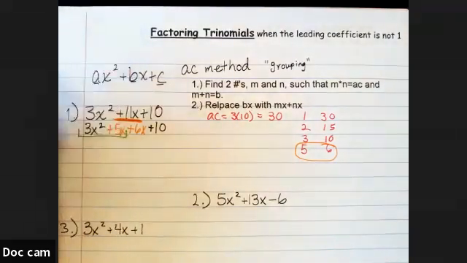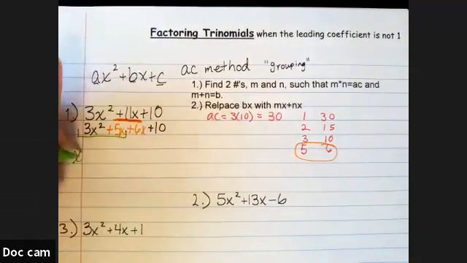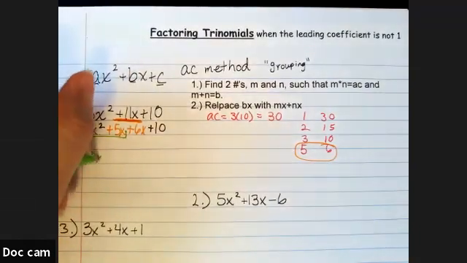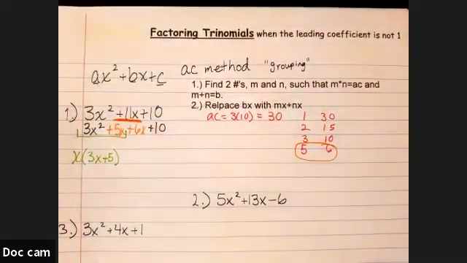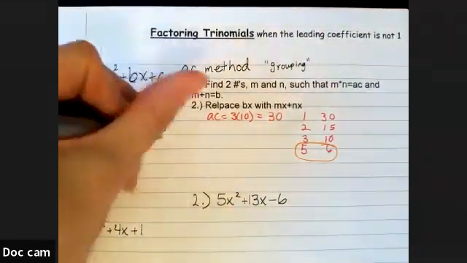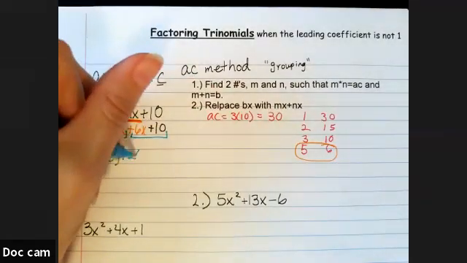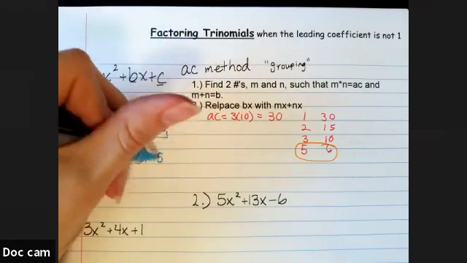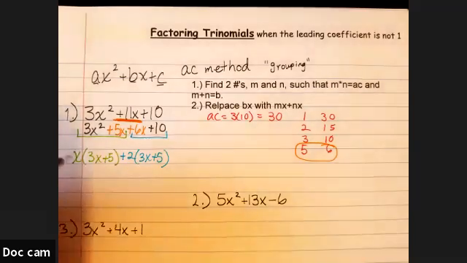Okay, so grouping the first two terms together, we could factor out an x. And then that would make that 3x plus 5. And then group the last two terms together, and we could factor out a 2, and then that would be 3x plus 5. And then we have a common factor, which is the 3x plus 5.